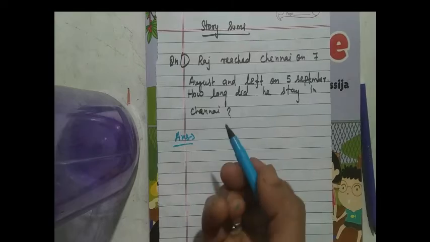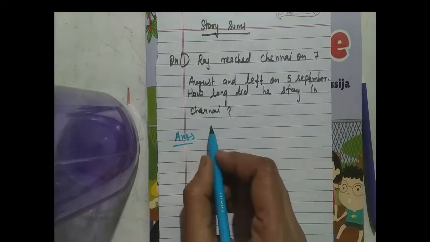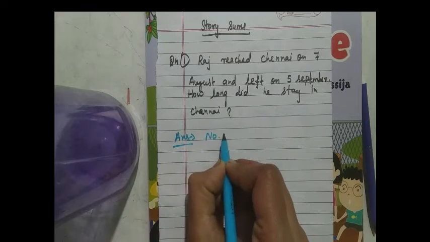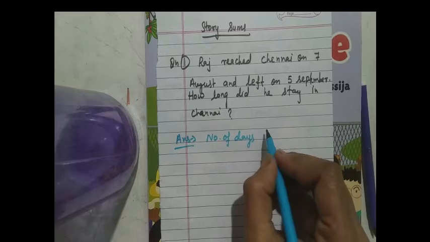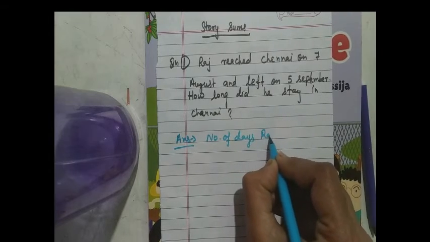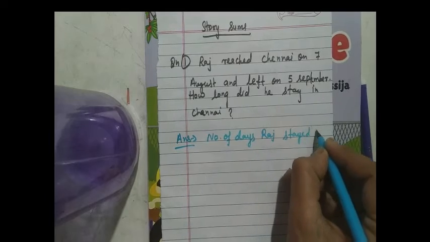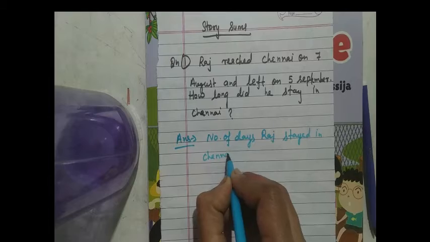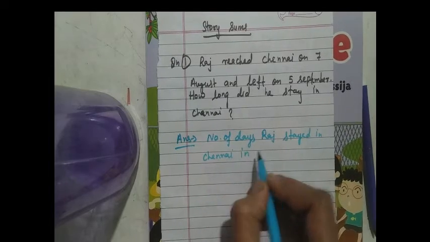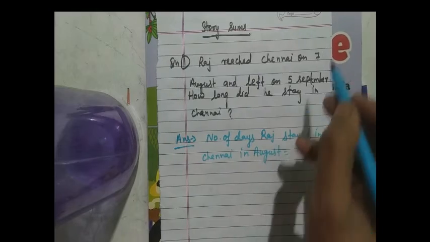Raj stayed in Chennai in August. He reached on 7, so 1 to 6 he was not in Chennai.